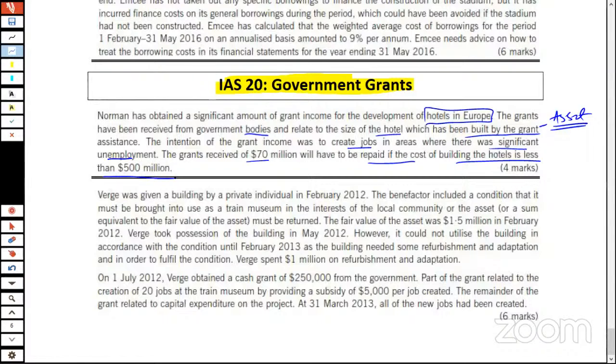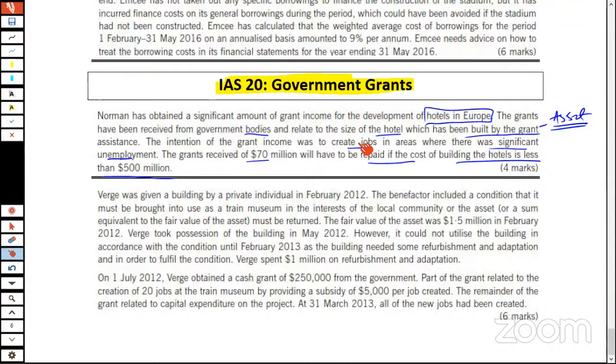Now you need to understand this. It says Norman has obtained a significant amount of grant income for the development of hotels in Europe. The grants have been received from government bodies and relate to the size of the hotel which has been built by the grant assistance. The intention of the grant was to create jobs. Don't get confused by reading the word jobs that it's an income related grant.